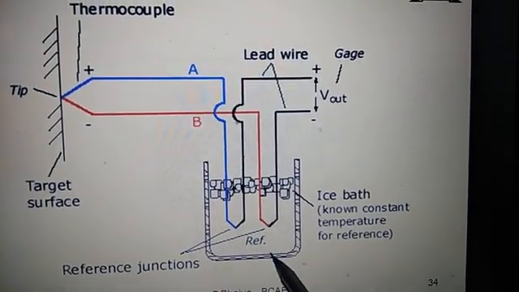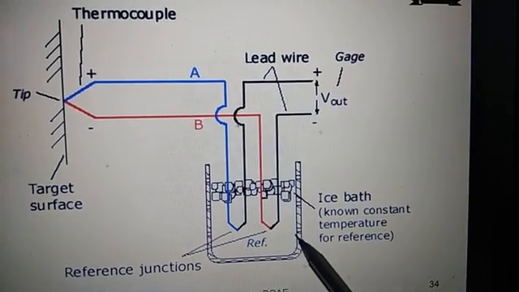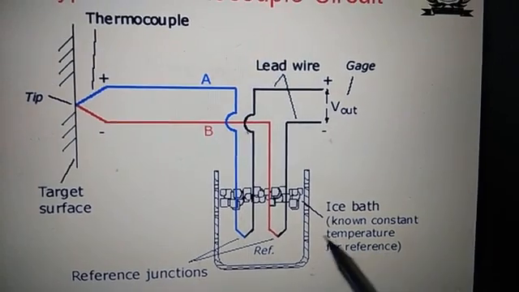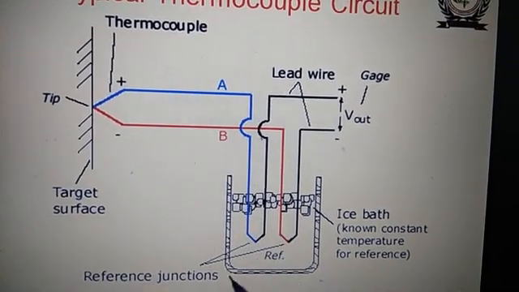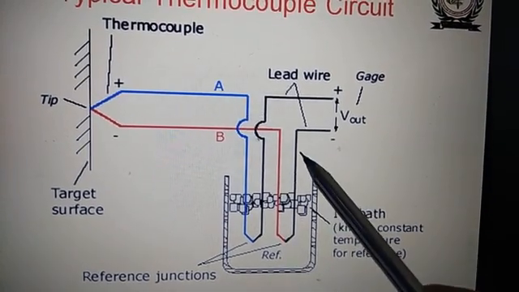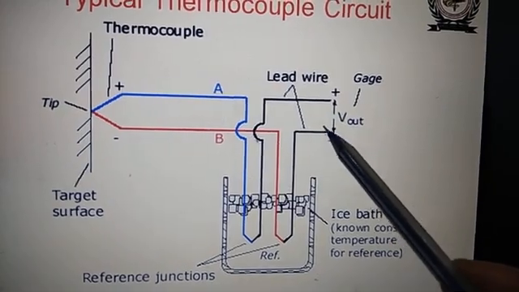Here is the reference ice bath, a known constant temperature of reference. And this is the reference junction. These are lead wires, and you will get the output voltage from the lead wire.